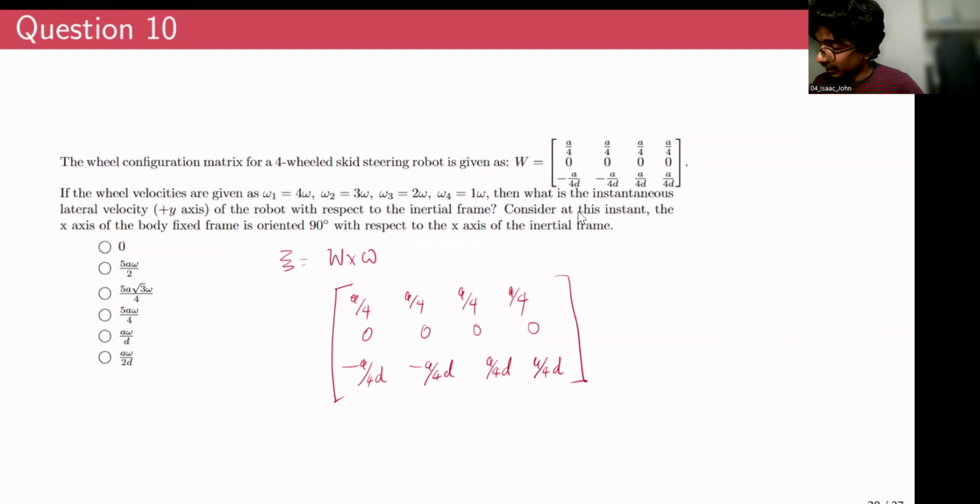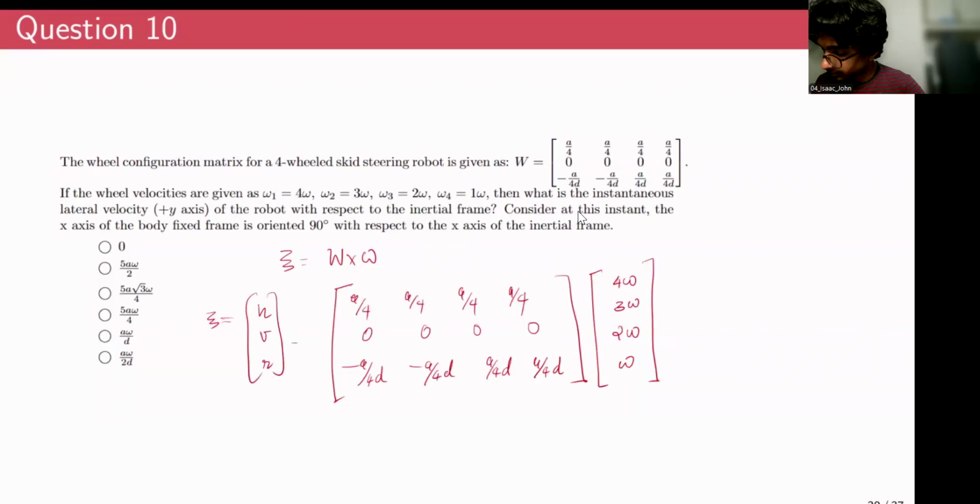And you are also given the omega vector as 4 omega, 3 omega, 2 omega, and omega. And if you multiply this out, you will get the zeta vector as UVR. Right?